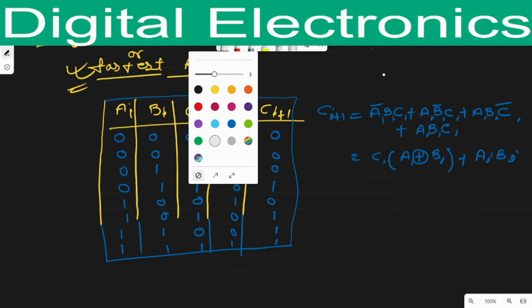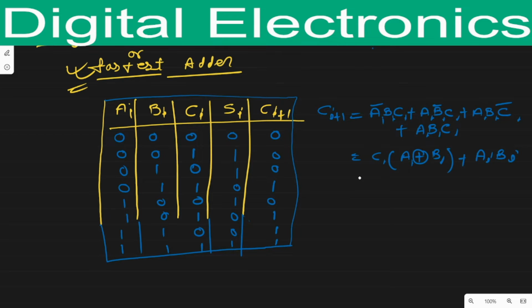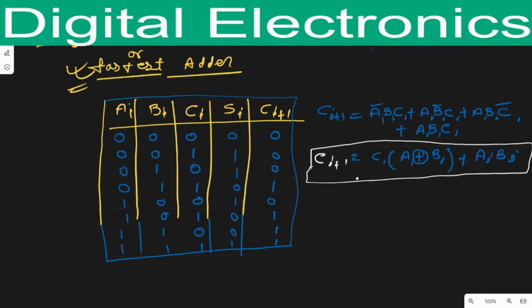Now this is the equation of Ci plus 1. Here this A XOR B is known as the carry propagate function, and it is represented as Pi.